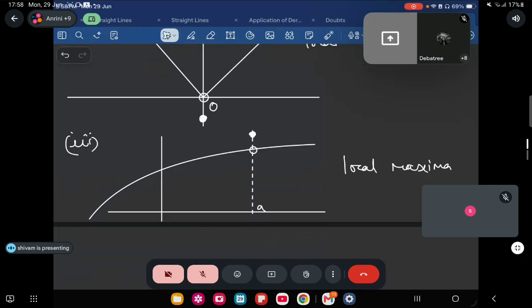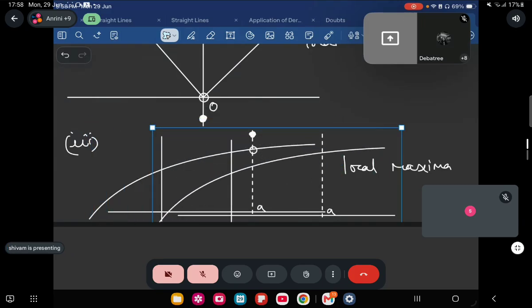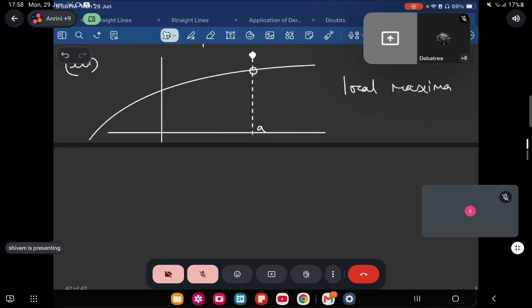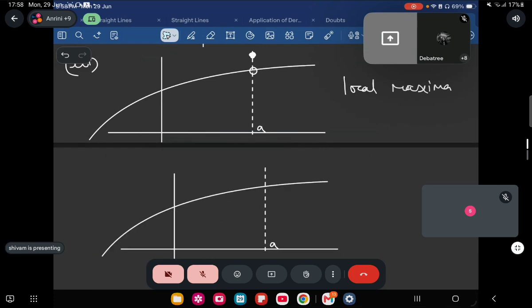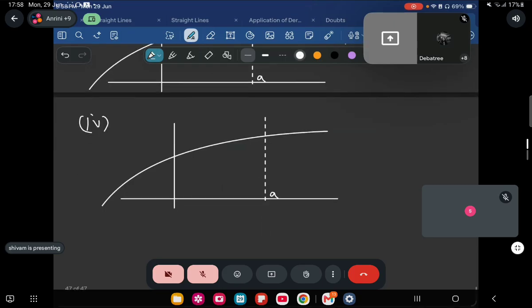Okay, the next one I'm again going to show, number four. In this case, local maxima or local minima? Raise your hand.